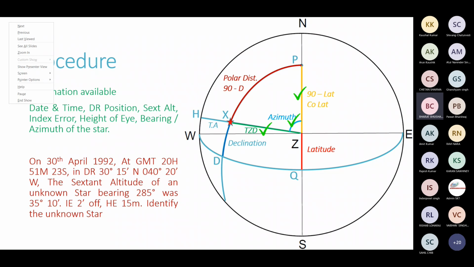सर ये ZQ कौन से केस में WZE के ऊपर होगा? Okay. ZQ बेटा WZE के ऊपर होगा when you are in the southern hemisphere. When the latitude is south, you are in the southern hemisphere. So when you are in the southern hemisphere, the equator is north of you.